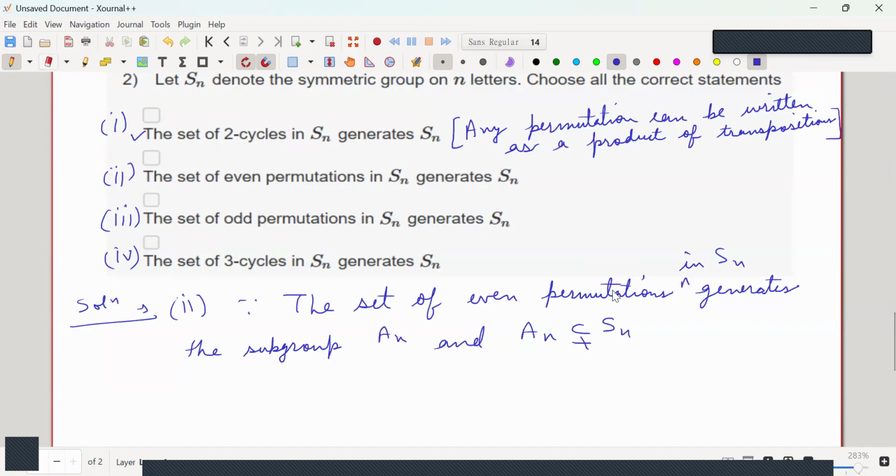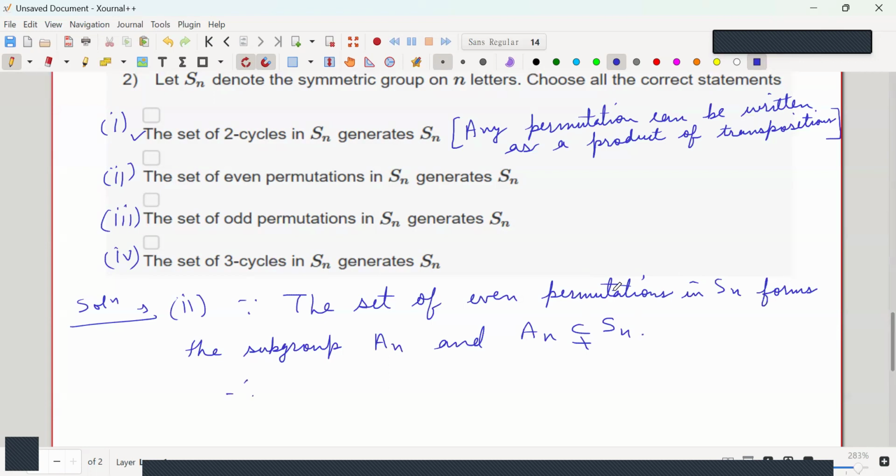Well, we can just say, instead of generates, forms the subgroup, because everything is inside An, and any element of An is again an even permutation. So the set itself is a subgroup. The set of even permutations in Sn forms the subgroup An, and An is strictly contained in Sn.